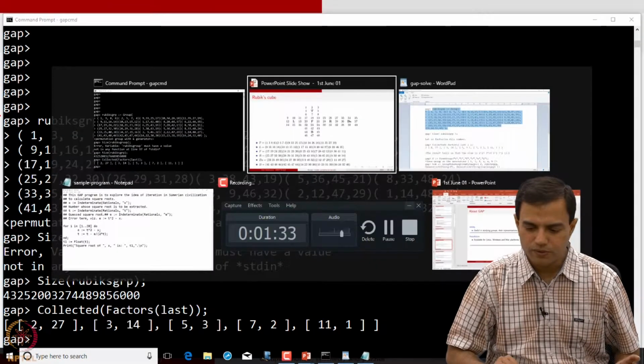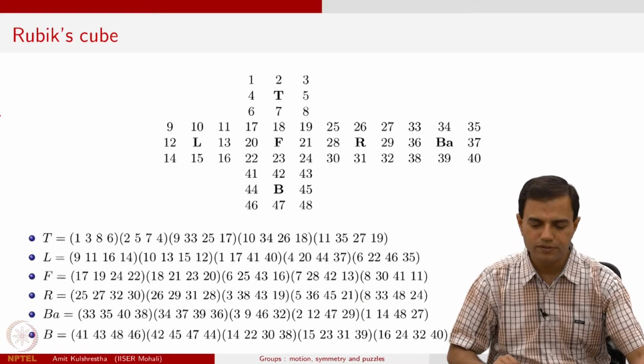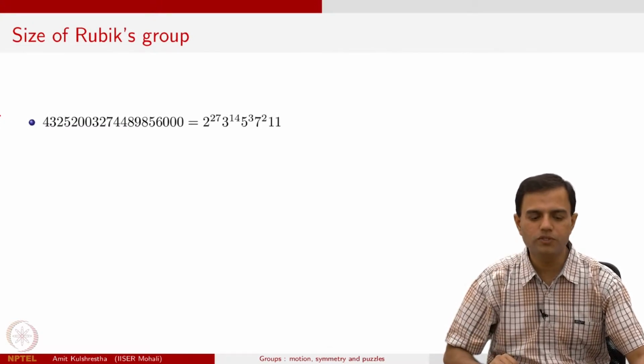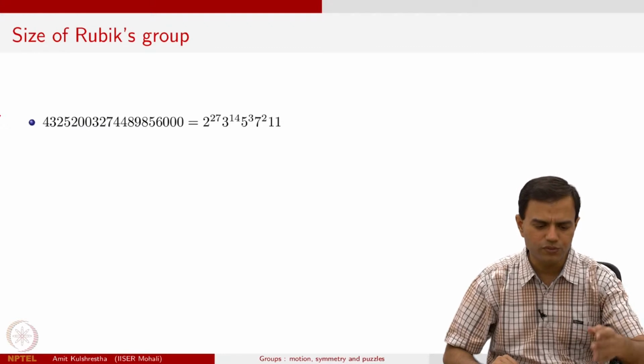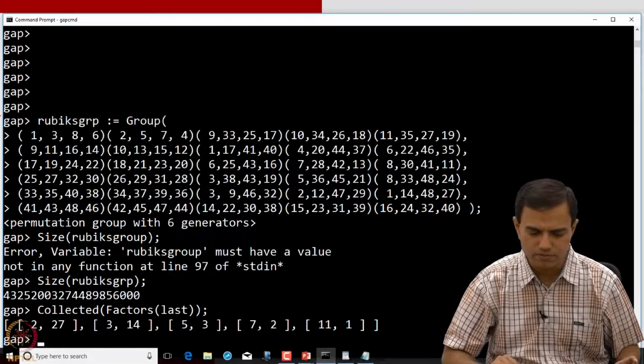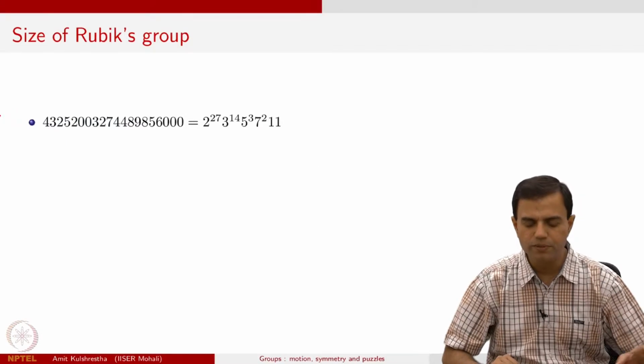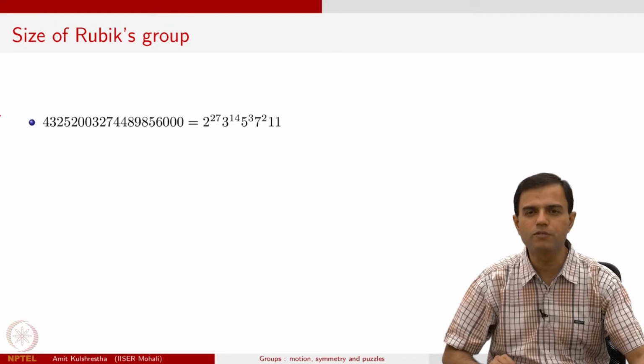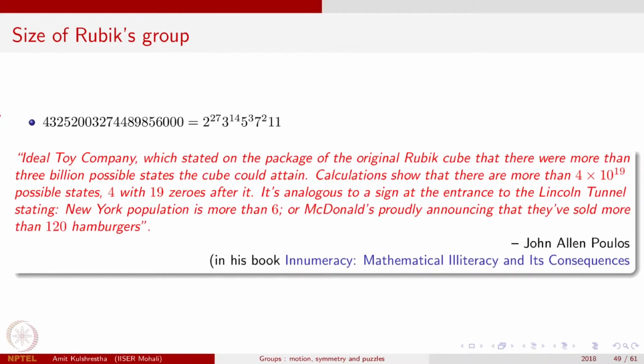So I would show you an interesting anecdote. This is what we have got, right? The size of the Rubik's group is this much, 4325, and this huge number, the size of the Rubik's group. I'll mention an interesting quotation from this book called Innumeracy: Mathematical Illiteracy and Its Consequences.